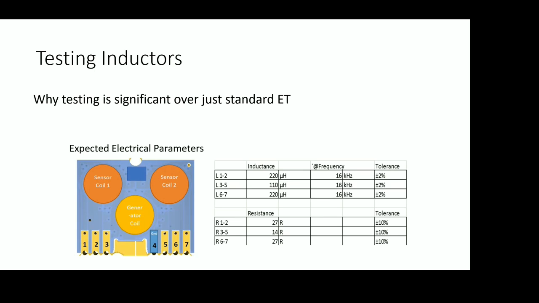So you can miss the short. So standard ET, you will have to either on that particular net increase the standard resistance, but it just becomes a potential liability because you don't know what's there.